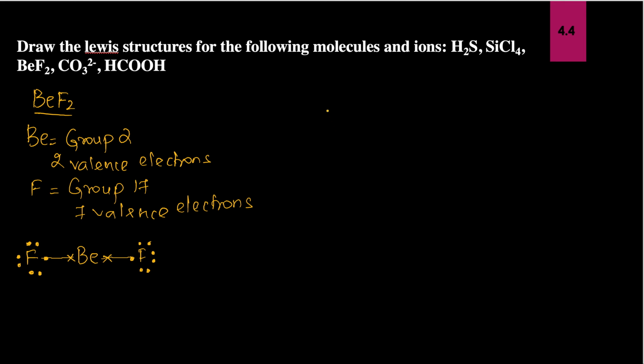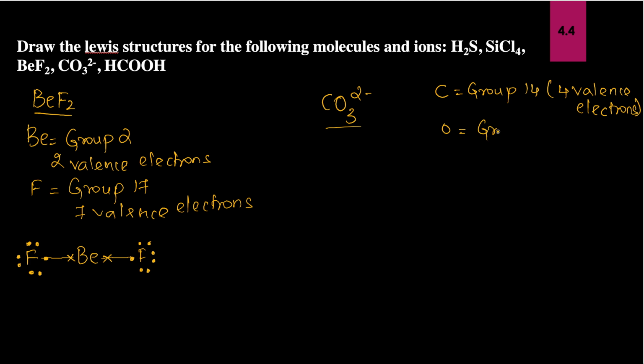And now the next one is an ion. A carbonate ion, CO3 2 minus. Now, carbon is group 14, therefore 4 valence electrons. Oxygen is group 16, therefore 6 valence electrons.